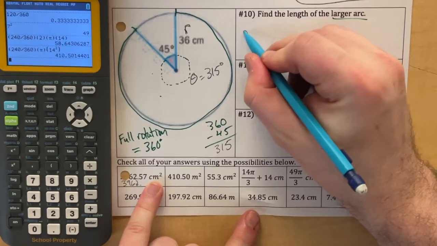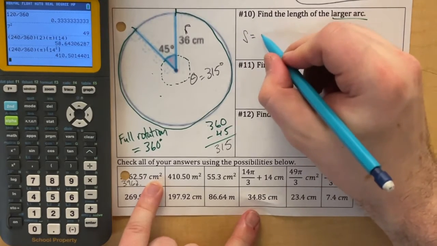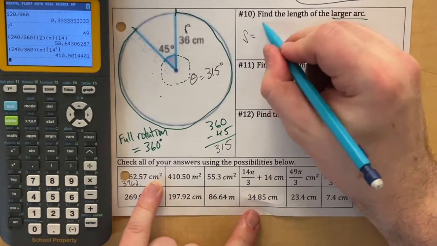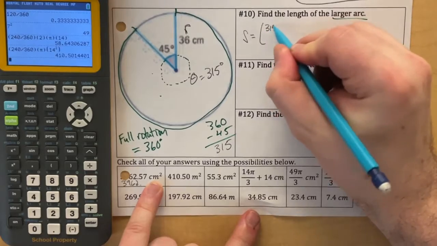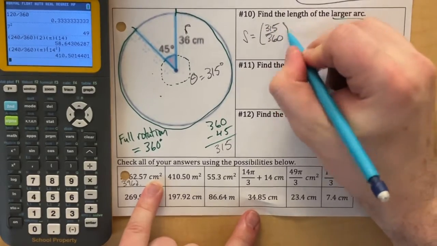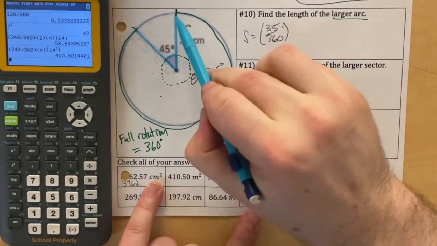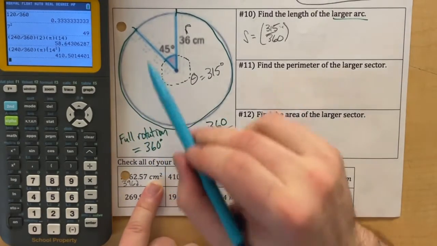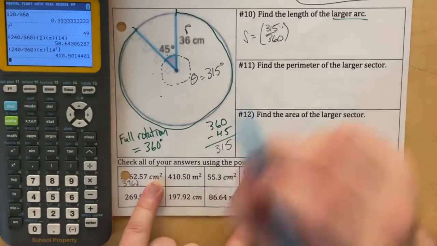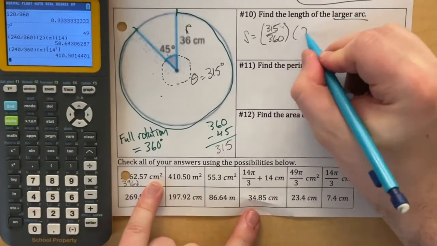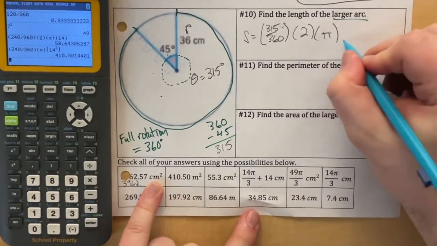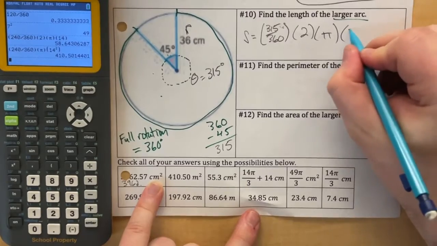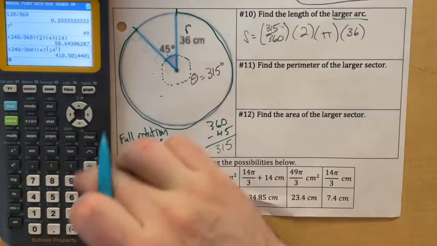So I have arc length S is going to be equal to 315 over 360. Again, make sure you're using that 315 because we're talking about that larger amount. If it was asking for the smaller arc, you would say 45 degrees. So be very careful when you're plugging in those values. And then we have our radius, which is 36. Type it in exactly as it looks.